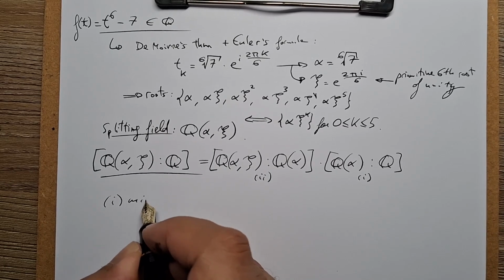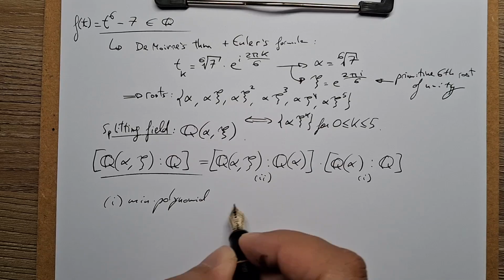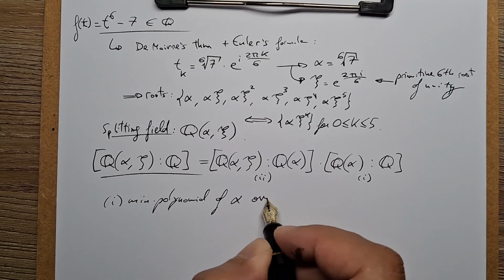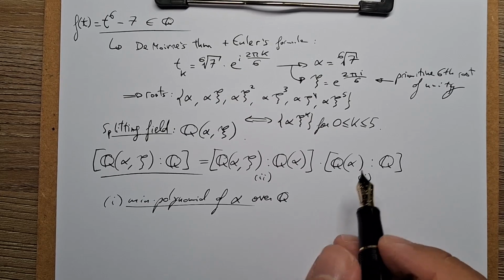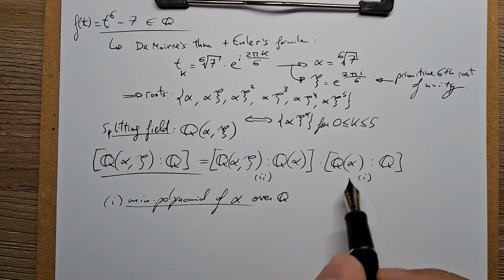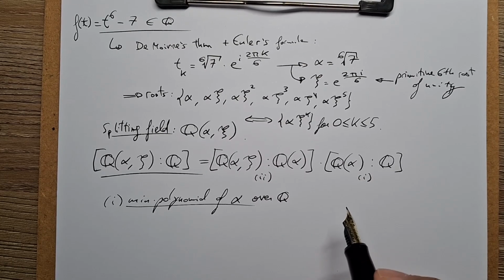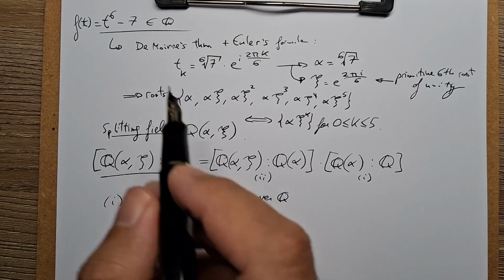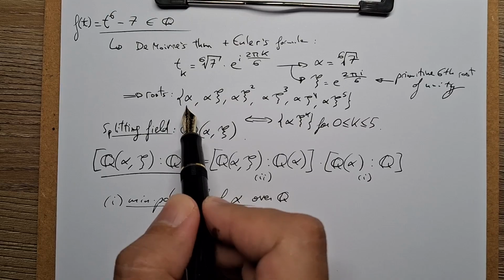So okay, the minimal polynomial of alpha over Q. Let's find this. This polynomial is an irreducible polynomial which has alpha as one of the roots. So we know that the original polynomial that we had here, f, has as one of the roots alpha.